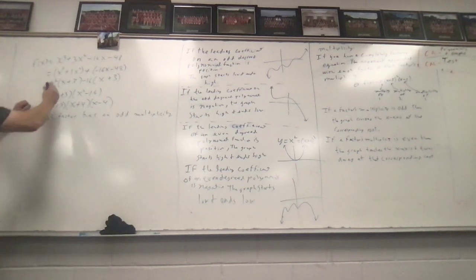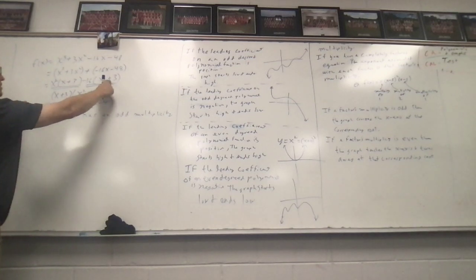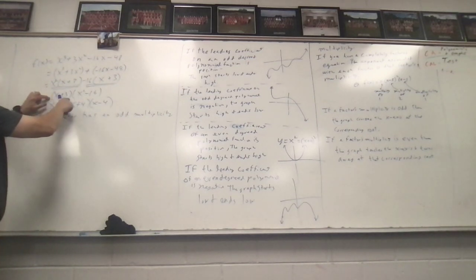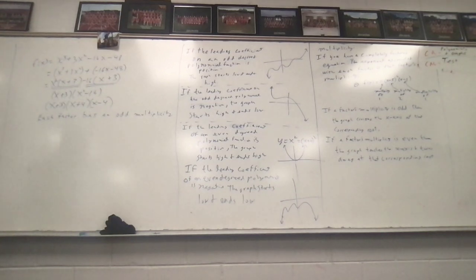Remember, this is a binomial. So both terms of this binomial had an x plus 3 in common, so that's what I pulled out. It's just we don't normally see it like that. So each factor has an odd multiplicity.